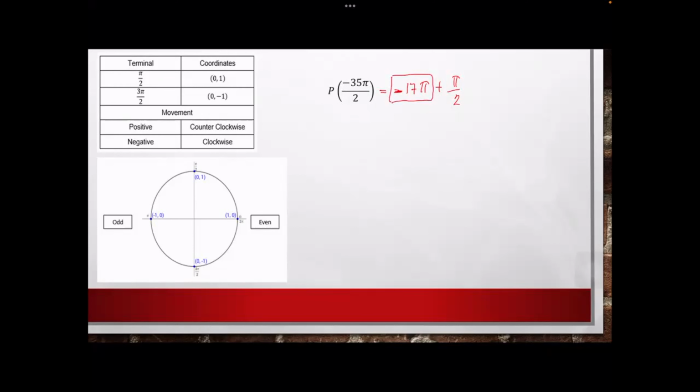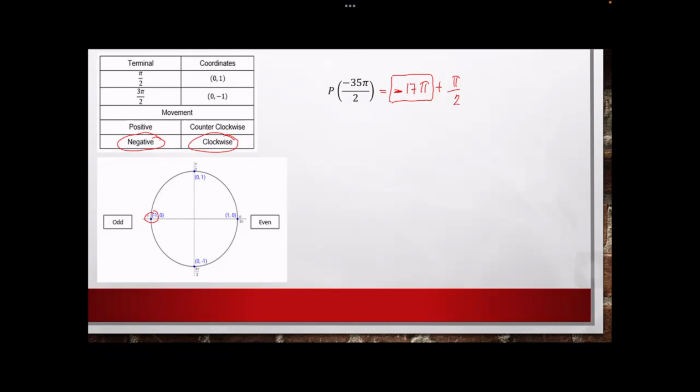So, starting point mo is here, sa odd. Now, it is negative. So, negative siya. Now, ano yung movement? It is clockwise daw, kasi negative siya. Starting point mo is nasa odd. It's negative. Tapos, clockwise. Now, saan papunta yung given natin?